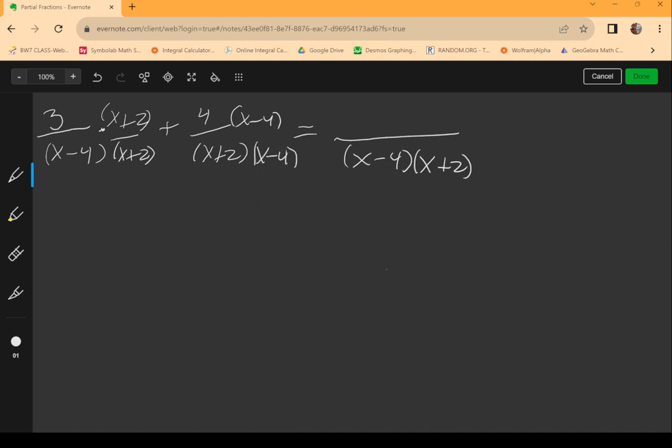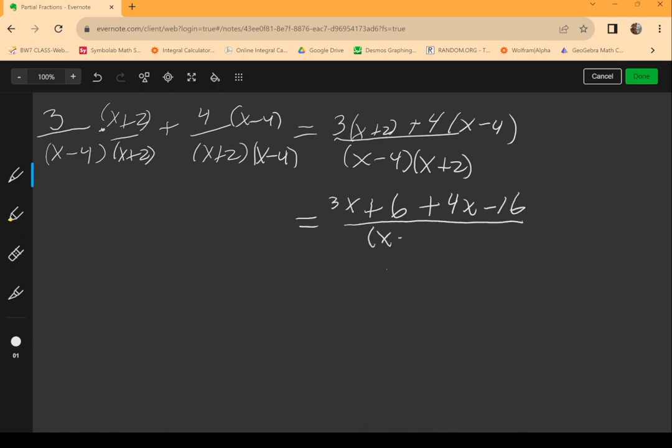Now we can write it as one fraction, where we'll have 3 times x plus 2, plus 4 times x minus 4. Then from here, it's just a matter of simplification: 3x plus 6 plus 4x minus 16, all over x minus 4 times x plus 2.